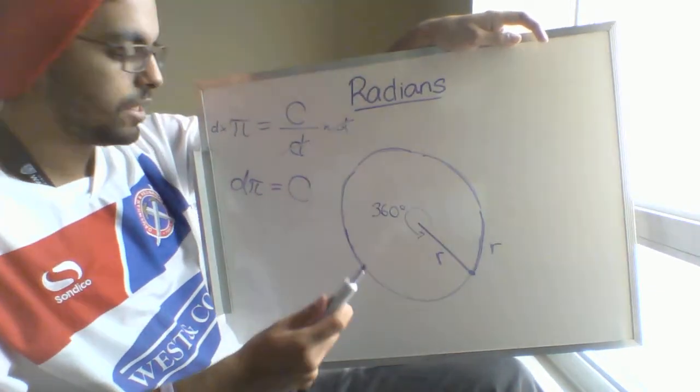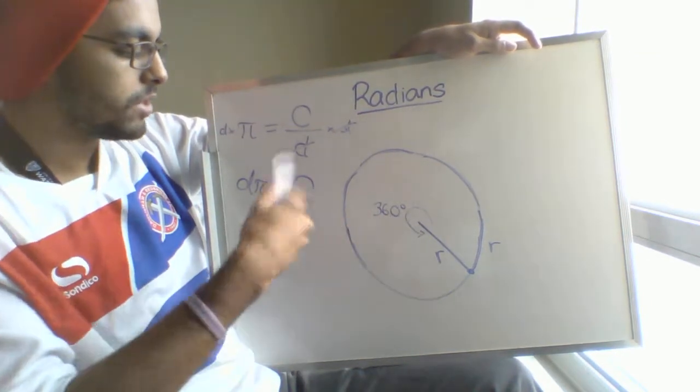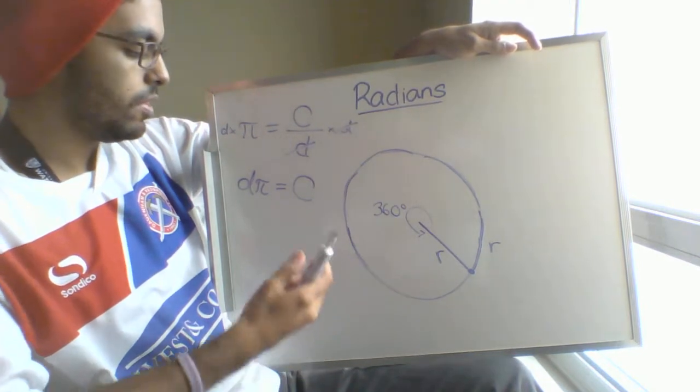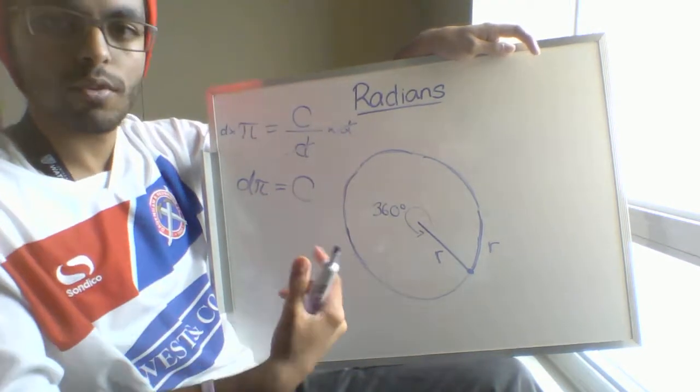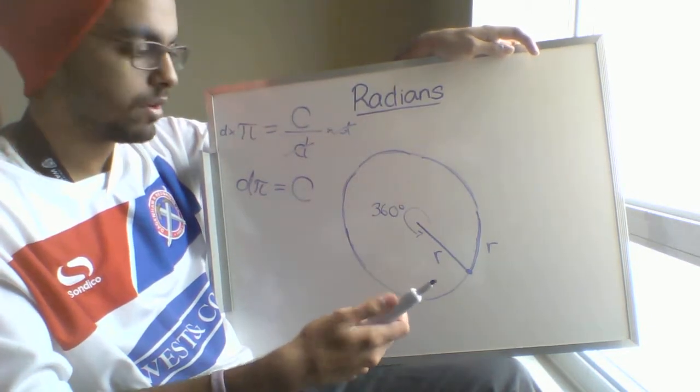So the circumference is the diameter multiplied by pi, 3.14159 times bigger than the diameter.